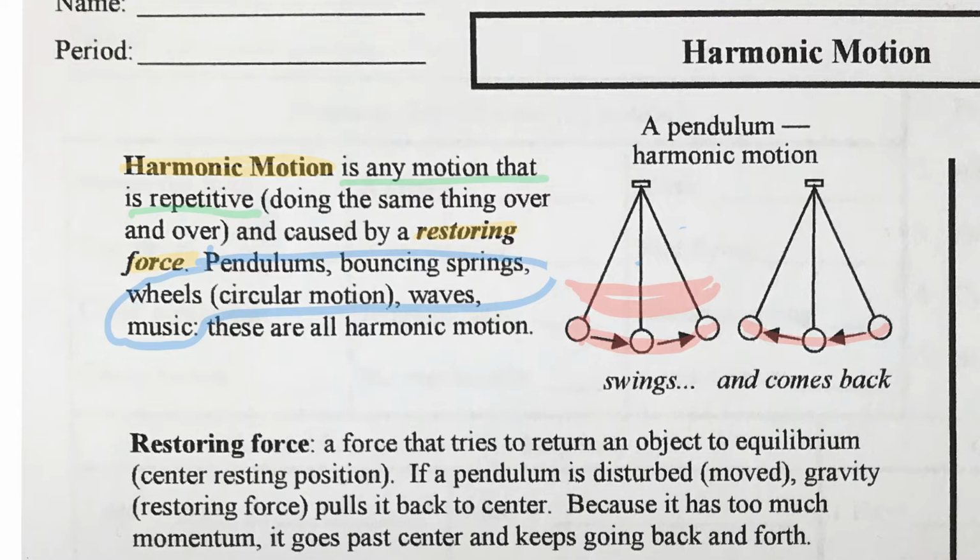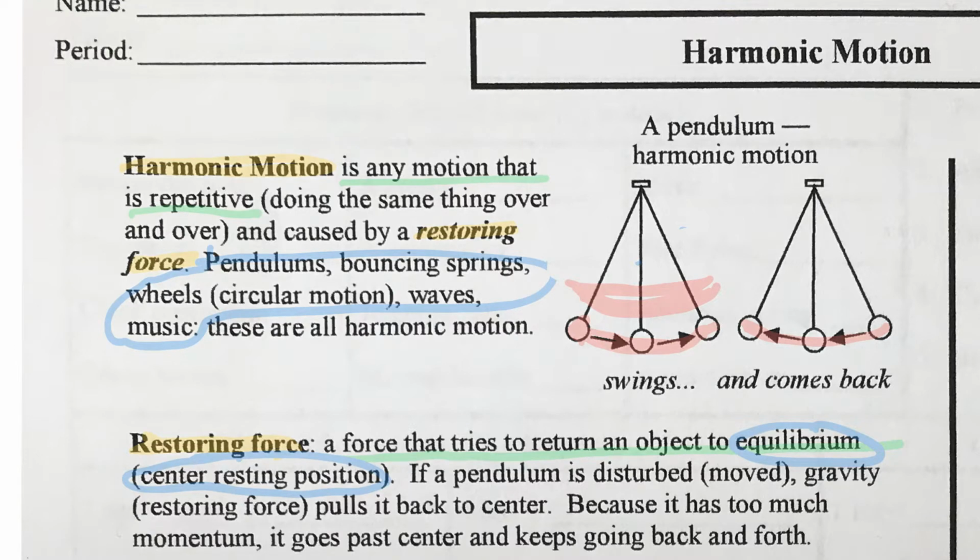Now, I mentioned before restoring force. Oh, look, here we go again. A restoring force, we have it down here. So I think it's going to tell me what that is. Restoring force is a force that tries to return an object to equilibrium, which is a center resting position. And you know what? I'm going to underline that equilibrium is the center resting position because that's something I also want to know.